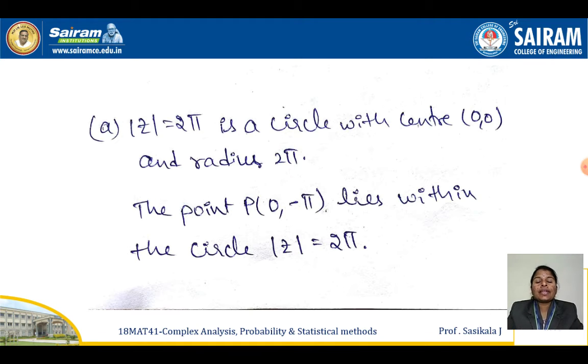The circle is bigger than π, isn't it, because of (0, 2π). So (0, -π) will be inside the curve.